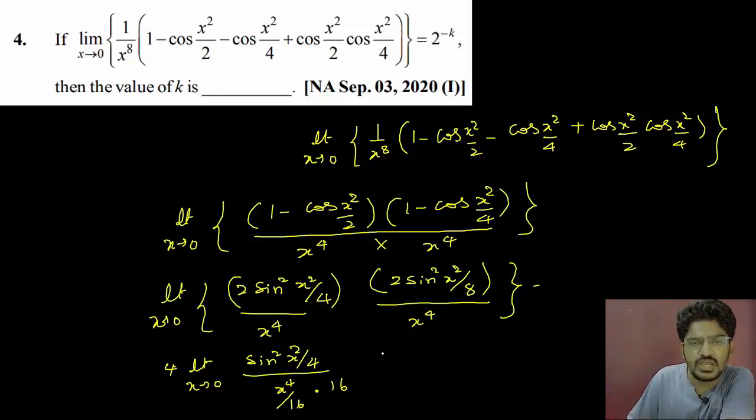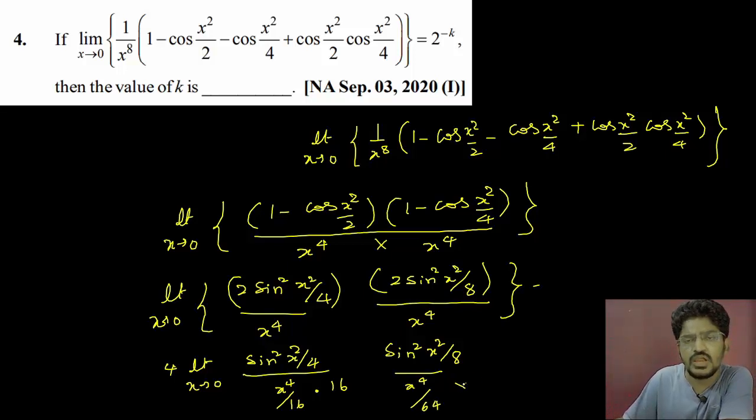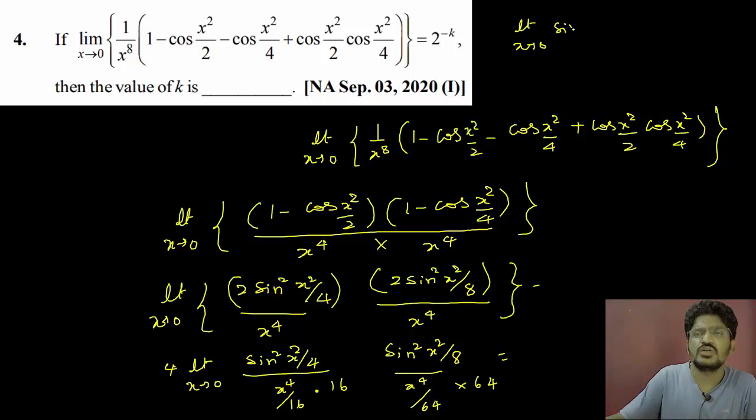On the same way here also, sine square x square by 8. So this is x raised to 4 divided by 8 square is 64 into 64. Okay, so I am adjusting the terms of 4 square. So because we have to write it in the form of limit x extending to 0, sine x square by 4 divided by x square by 4 whole square.